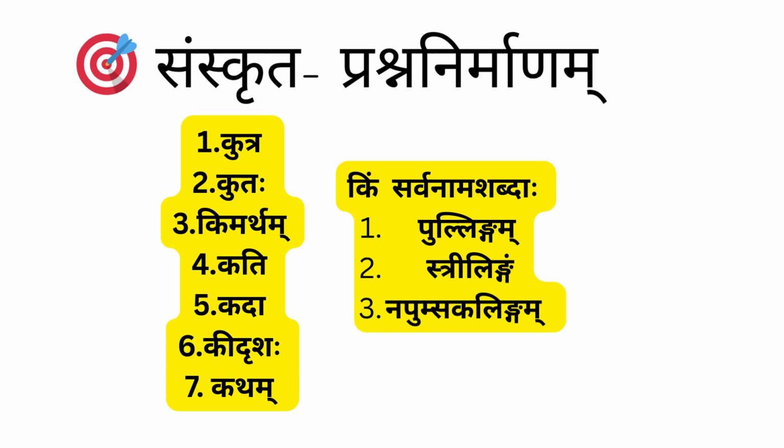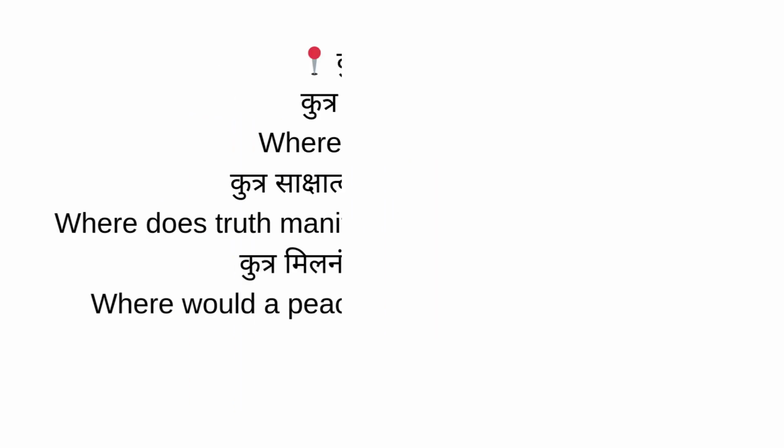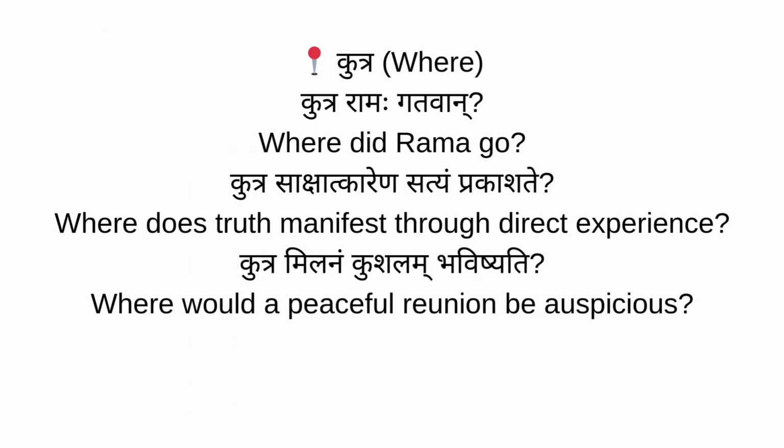Now we will see one by one with examples how they are used in sentences, that is in questions. The first question making word is where, that is Kutra. Kutra Ramaha Gatavan. Where did Rama go? Kutra Sakshatkarena Satyam Prakashate.